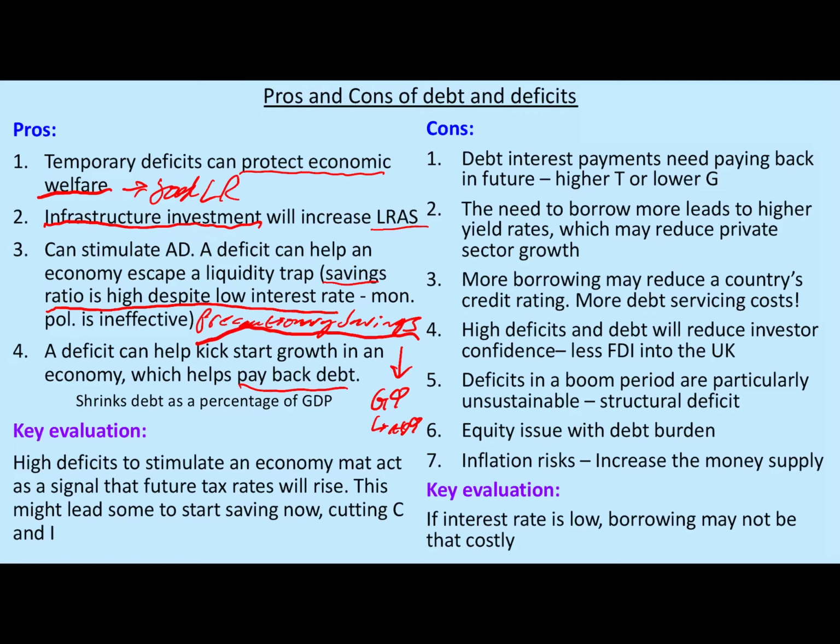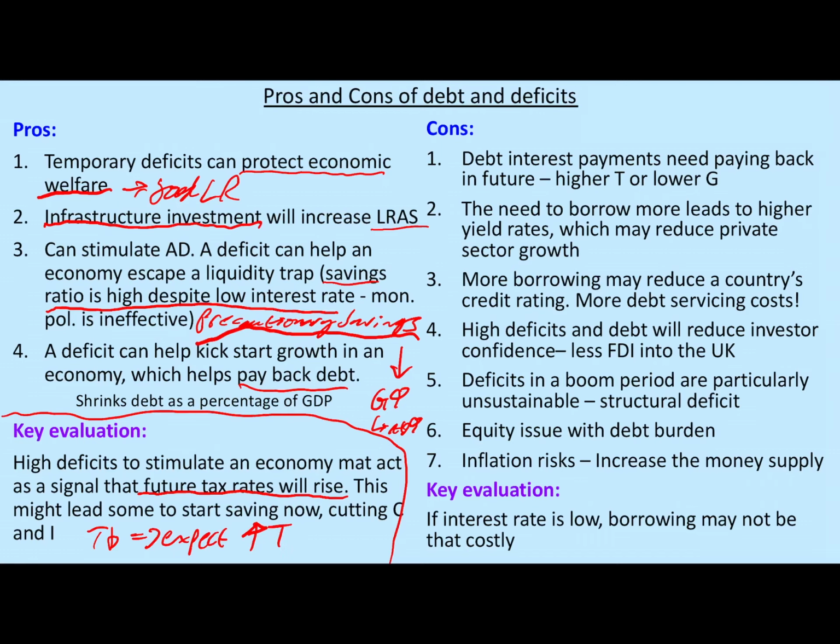The key evaluation to these pros then is that a high deficit stimulated economy may act as a signal that future tax rates will rise. People might see, perhaps in a recession, this increase in G without the increase in T. So they might see taxes low now to try and stimulate the economy, but they might expect an increase in taxes in the future.